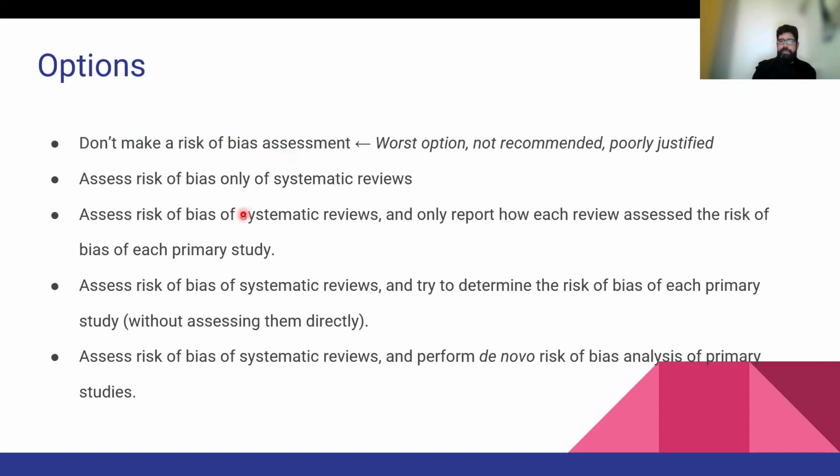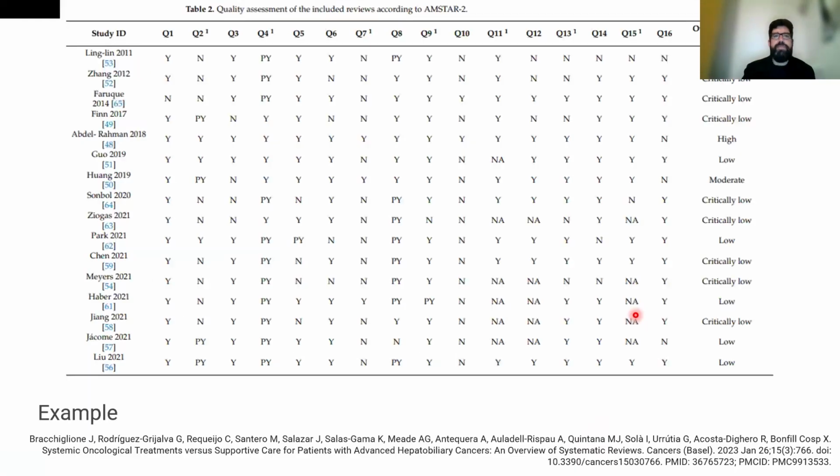And then you have plenty of options: just assessing systematic reviews, and reporting how systematic reviews assess risk of bias of the primary studies; assessing systematic reviews and trying to determine the risk of bias of each primary study with the information provided to you; or just making a de novo analysis of all systematic reviews and primary studies.